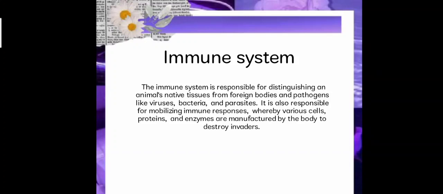Next is the immune system. The immune system is responsible for distinguishing an animal's native tissue from foreign bodies and pathogens like viruses, bacteria, and parasites. It is also responsible for mobilizing immune responses whereby various cells, proteins, and enzymes are manufactured by the body to destroy invaders.